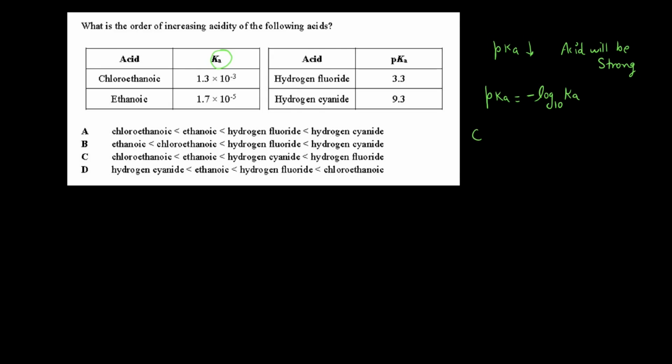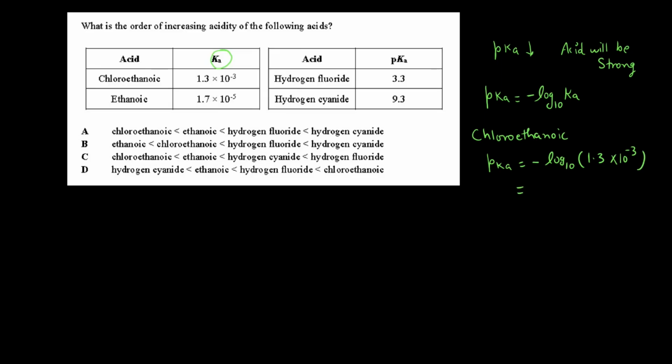Okay, so for chloroethanoic acid, the K value is given, so the pK for this will be minus log to the base 10 of 1.3 multiplied by 10 to the power minus 3.